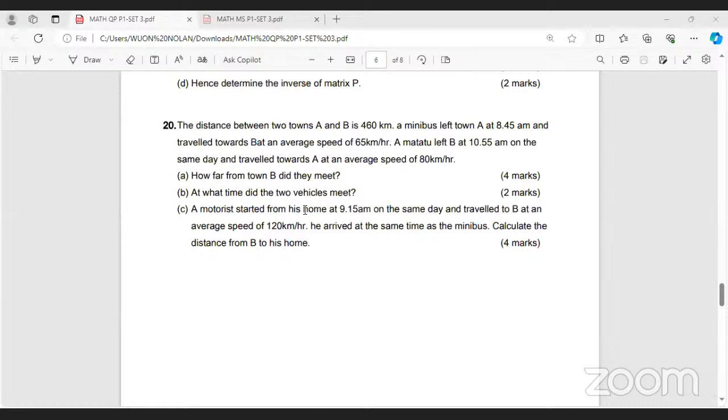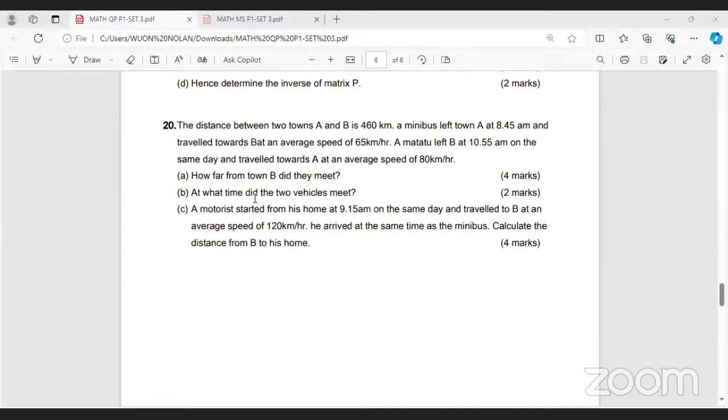Now, since I hope you've done and you are getting the various answers, maybe to put context to it, we first start by getting the time taken by the minibus to complete the journey. When we find that time taken, we would get the time it arrived there.